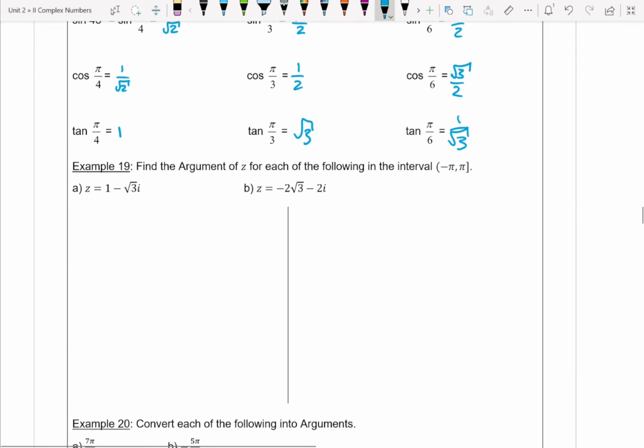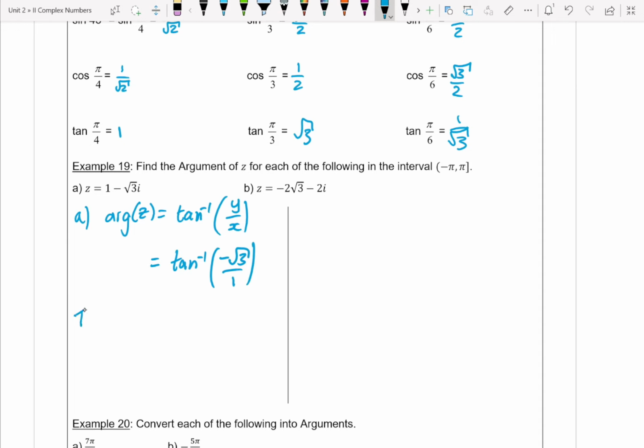Find the argument of z for each of the following intervals between negative pi and pi. So for z, we have arg z is equal to tan inverse of y on x, which is going to be tan inverse of negative root 3 on 1. In our first quadrant, that's just tan inverse of root 3 on 1. So we're just caring about what it looks like in the first quadrant.